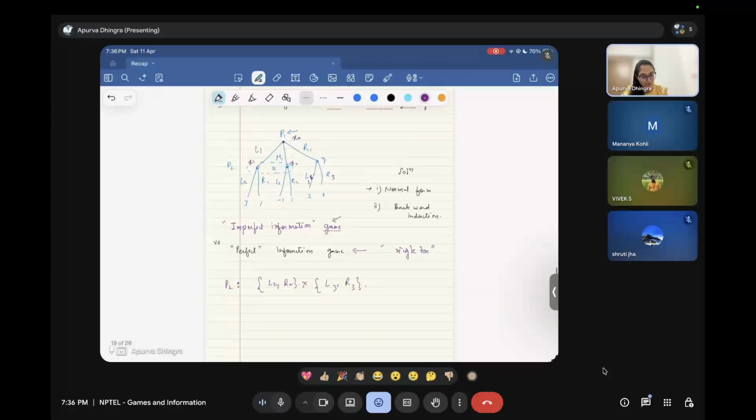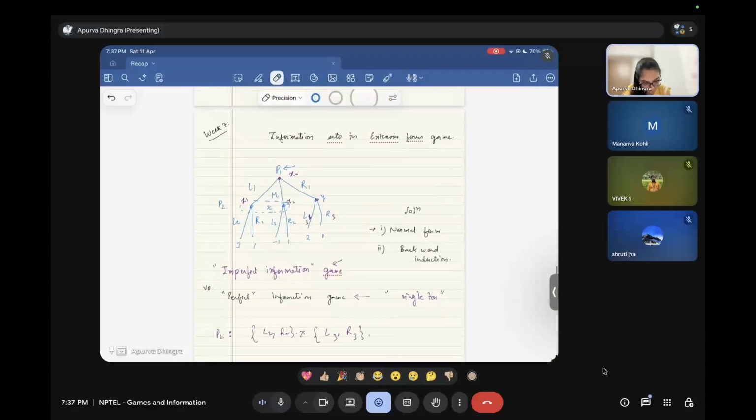Now for backward induction, what we were doing, we were taking a node and just choosing between the two options. Here I did not specify, right? So this is written as a zero sum game.